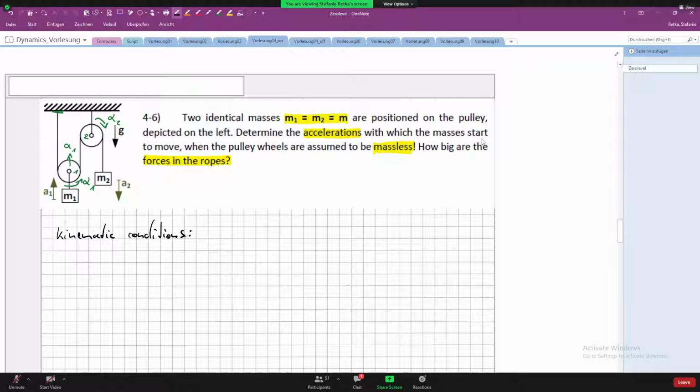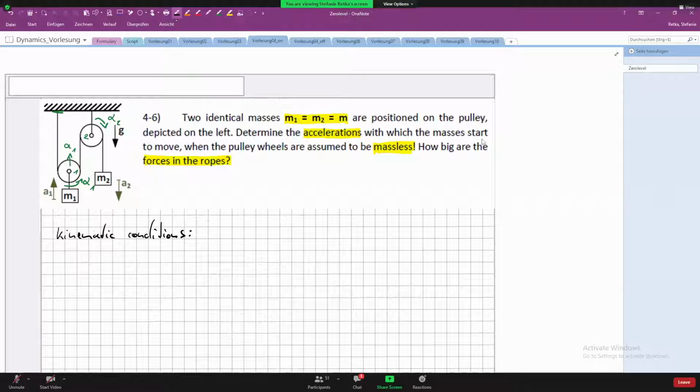Now, what do we know? We know the acceleration a2 of the mass. And we know that the second pulley rotates, and the rope that moves over the pulley 2 has to be of same length as the rope that moves the mass m2 downwards.